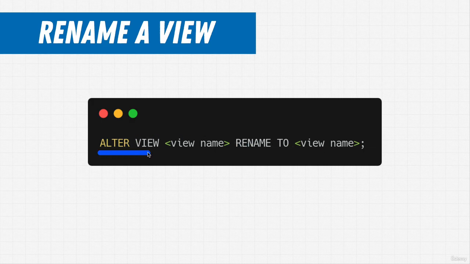Alter view. Alter view allows you to alter a view name and rename it to another view name. So we're taking a view with an existing view name and we're able to rename it to something else. Now, of course, if you had to do this 1,000 times, it would be crazy. I'm just saying for the sake of an example that let's say you had to do this. It's a fairly straightforward, fairly easy syntax to use and comprehend.